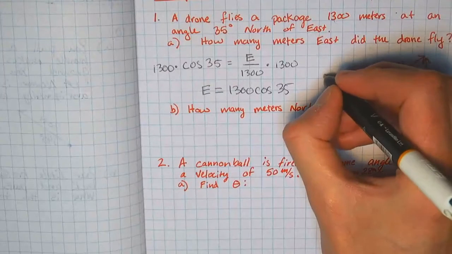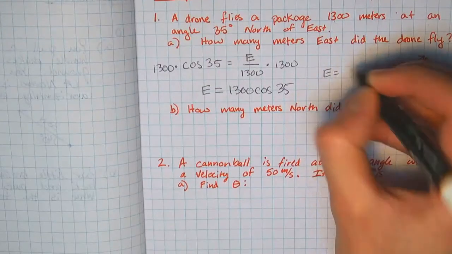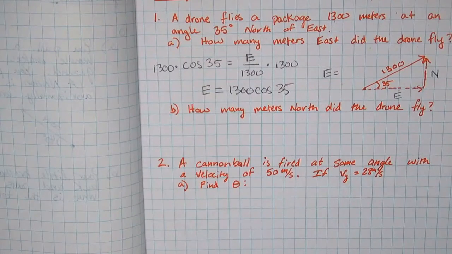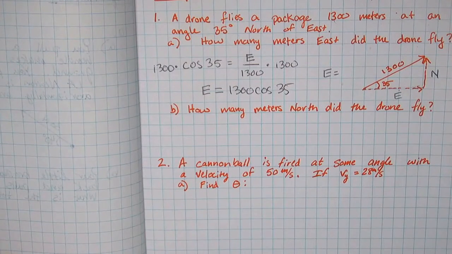At this point, we just plug it into our calculator, and you're going to want to make sure that your calculator is in degrees as opposed to radians. So if you have just a regular calculator, it'll usually say either an R or a D somewhere on the screen. And if you have a fancier calculator, you can usually go under mode or math and be able to change that.